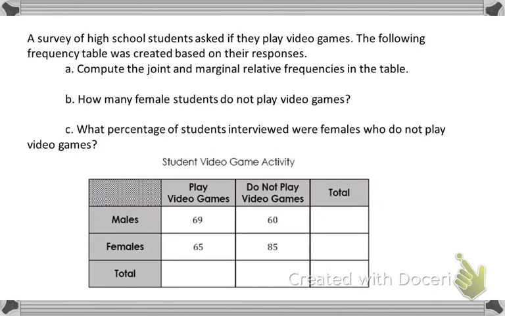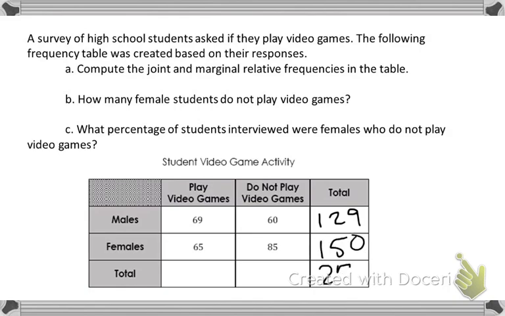Okay, so we're going to do a couple problems. A survey of high school students asked if they play video games. The following frequency table was created based on their response. So what we need to do is go ahead and total everything up. So 69 plus 60 is 129. 65 and 85 is 150.